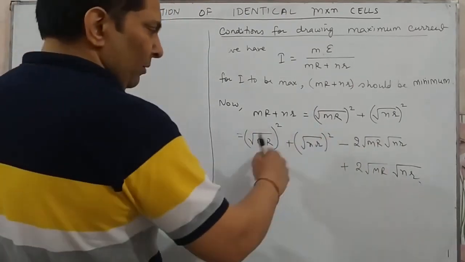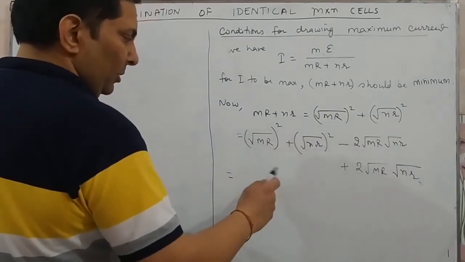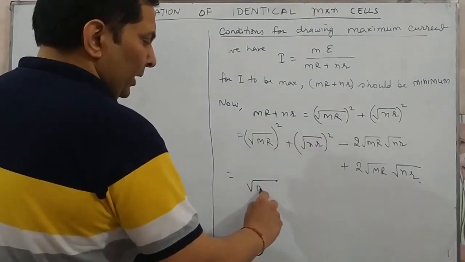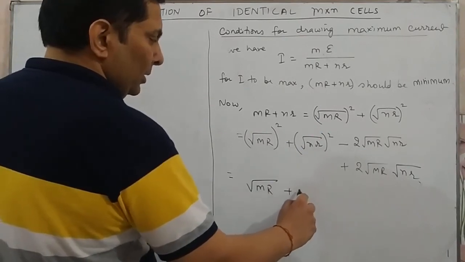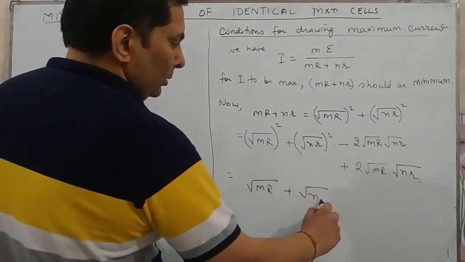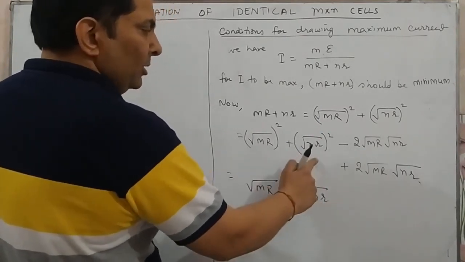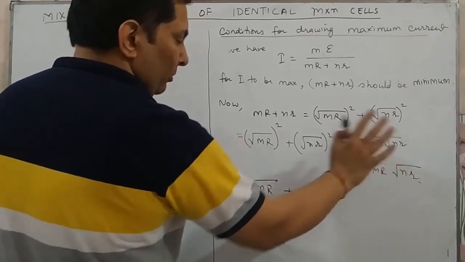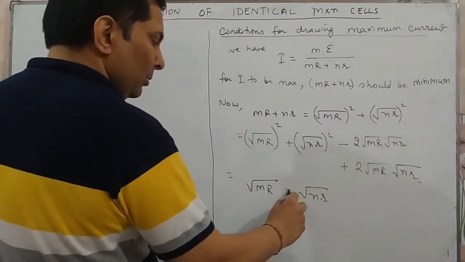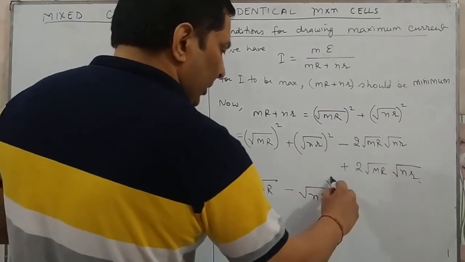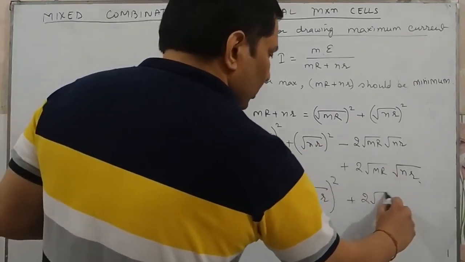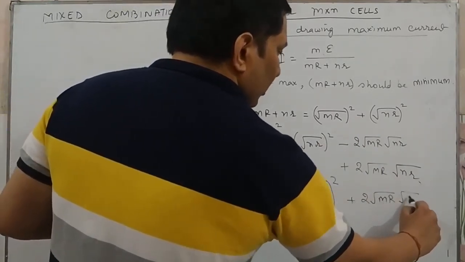But here we will create a little rearrangement. See how this is happening. We write mR plus nr as a squared plus b squared plus 2ab minus 2ab. This can be written as root mR minus root nr, whole squared, plus 2 root mR root nr.